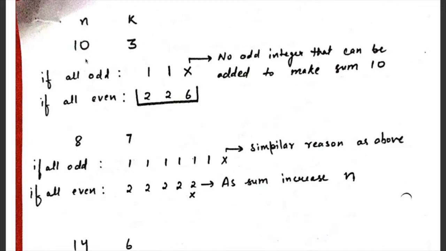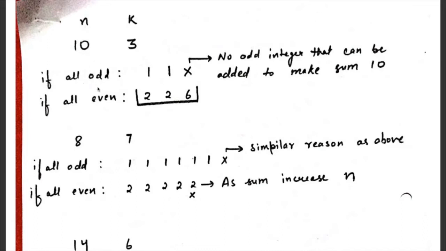Suppose we have been given n equals 10 and k equals 3. So we will try both the parities one by one. First we will try to make this n using only odd terms, and then we will try to make this n using only even terms if it is not possible using odd terms.